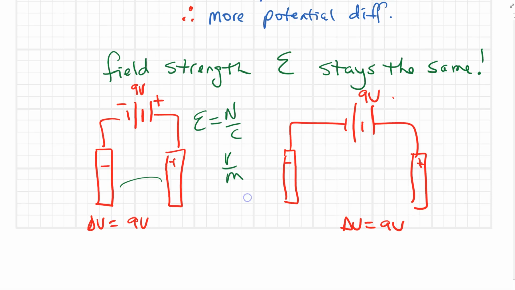So you can see that if it's connected to a battery, the potential difference is going to stay the same, but the strength of the field is going to decrease, because the strength of the field is how much it dropped divided by how far apart those plates are, because you can think of this as volts per meter. Maybe I'll use D for distance between the plates, and volts per meter.